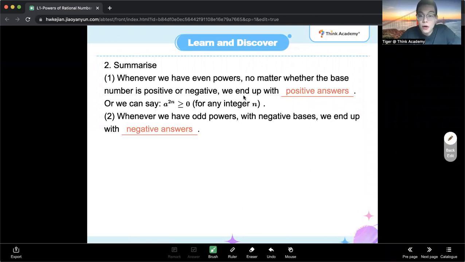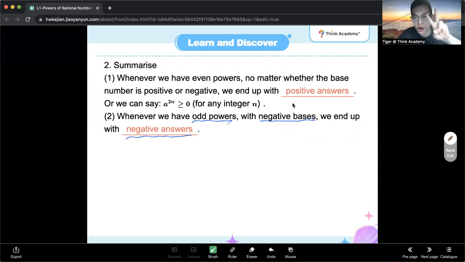And whenever we have positive bases, no matter whether the power is even or odd, we always end up with positive answers. But then, if we have negative bases, and at the same time, we have odd powers, we are going to end up with negative answers, all right?